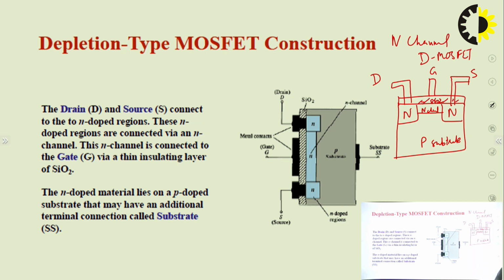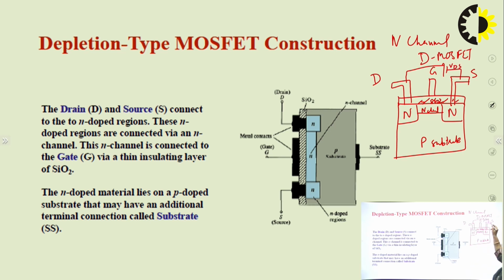This layer provides high insulation to the MOSFET, and it prevents the entry of charge carriers into the gate from this channel. So for the conduction of the MOSFET, drain and source are given supply, connected in this way.